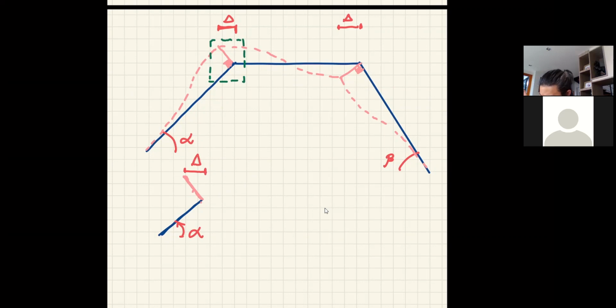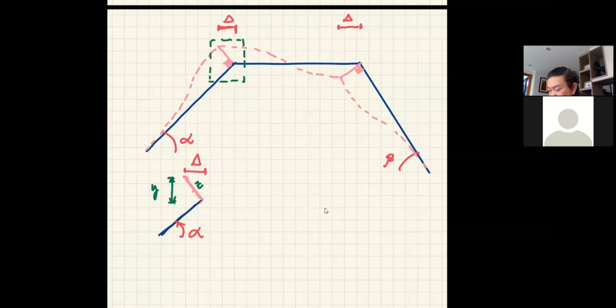Let's call the vertical distance y, and the distance that we need, let's call it z.